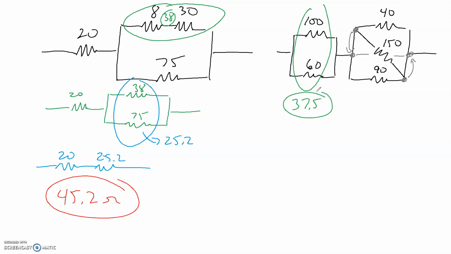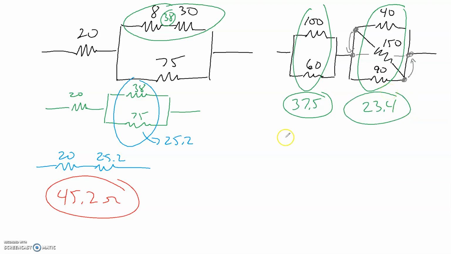Now I can do the exact same thing for these three, because these three are just in parallel with each other, so I can do the same type of calculation for those. If I do the similar calculation, these three could be replaced with an equivalent resistance of 23.4 ohms.